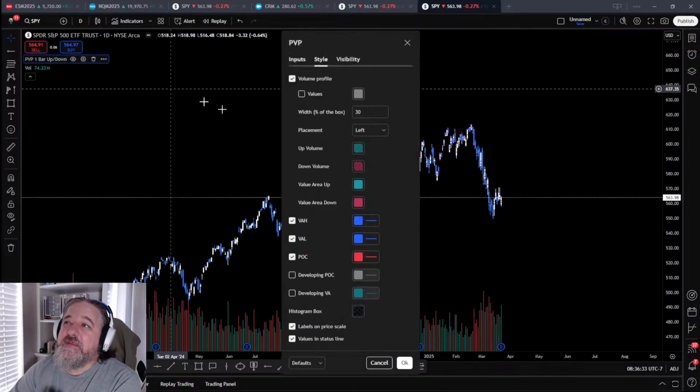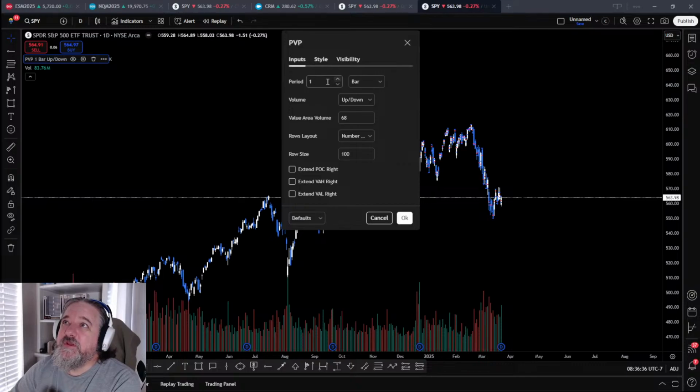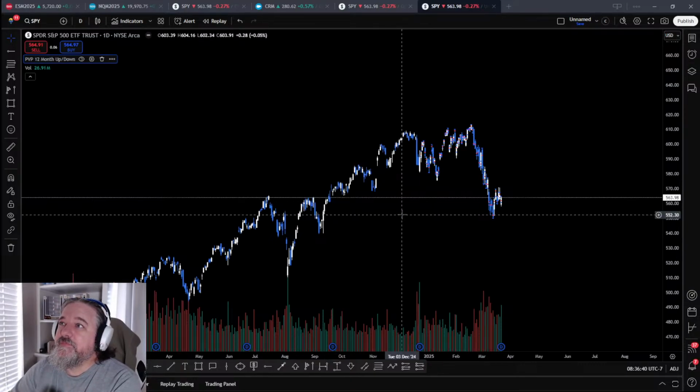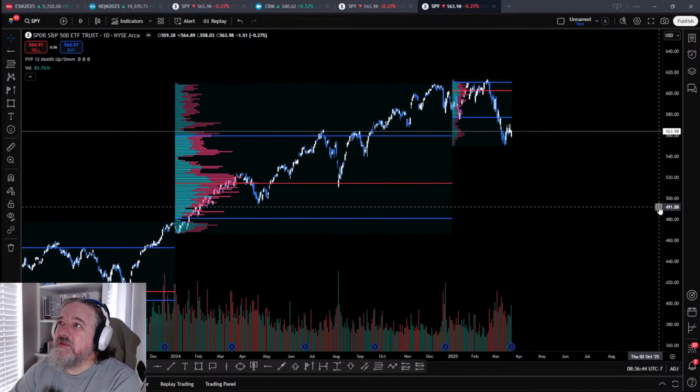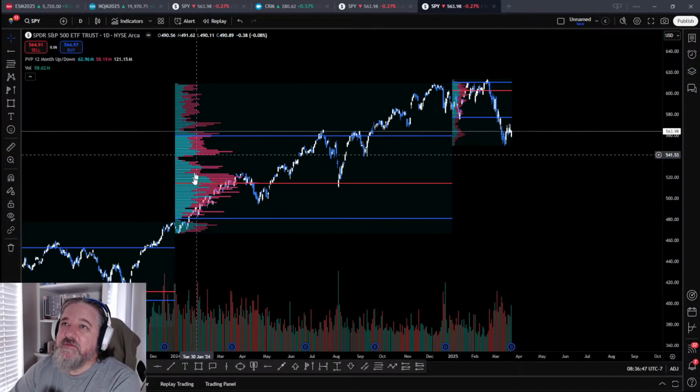And then on our PVP indicator settings, under inputs, we're going to go to period 12 months. And what this is going to give us is our yearly levels for volume profile.